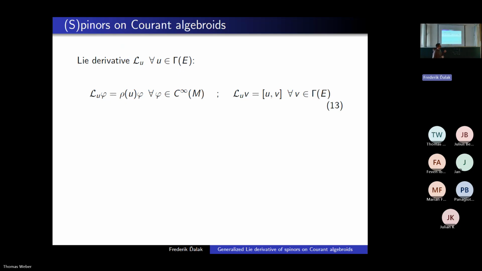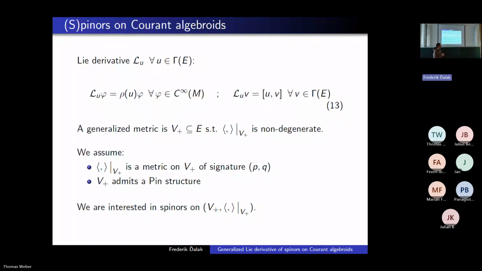And so that's the most important reason I decided to include this, just for us to realize that in this generalized setting we are going to be computing the Lie derivative in the direction of sections of the Courant algebroid. So the first obvious thing we need to realize is that we are going to need to replace the flows generated by vector fields by some kind of transformations of the Courant algebroids generated by sections.